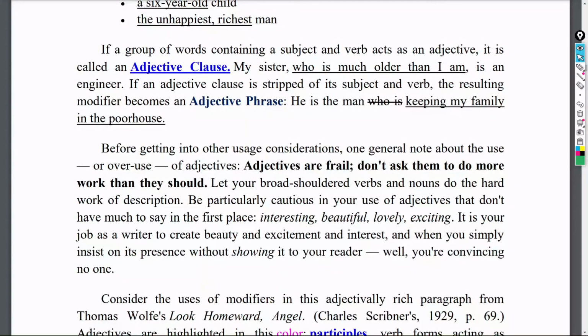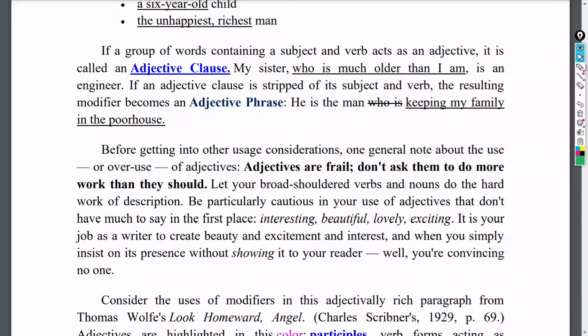तो ये जो हमारा सेंटेंस था, ये पहले का सेंटेंस था: My sister, who is much older than I am, is an engineer. तो इसमें से हम सब्जेक्ट और वर्ब को हटा देंगे। ये जो हमारा क्लोज था, इसमें से सब्जेक्ट who, वर्ब is, दोनों को हटा देते हैं। बाकी जो रहेगा: my sister much older than I am is an engineer. तब ये क्या होगा, much older than I am, this is the phrase and this is related to the noun my sister and therefore it is the adjective phrase.